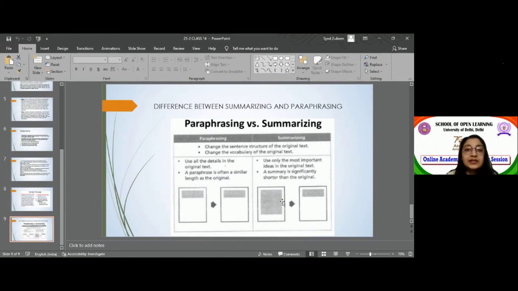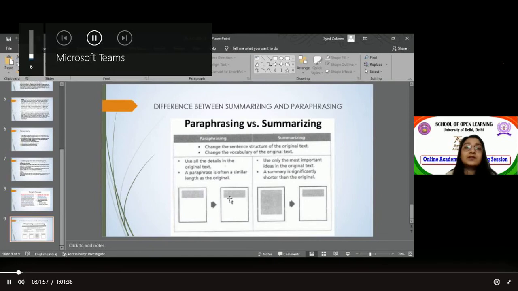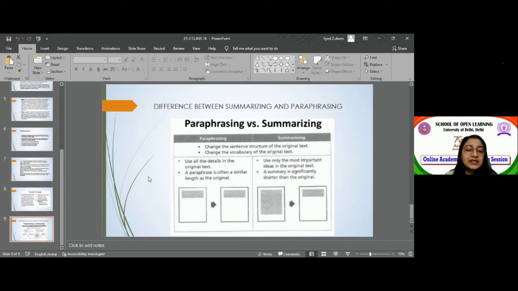Paraphrasing, on the other hand, is usually of similar length to the original, and summarizing includes the most important points of the text, whereas paraphrasing uses the material from the original text but with different words, right?